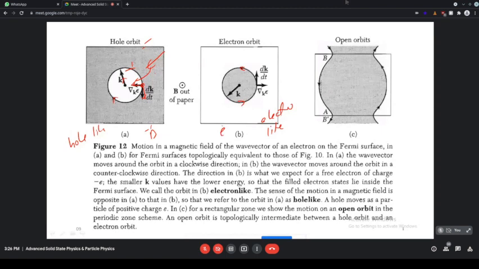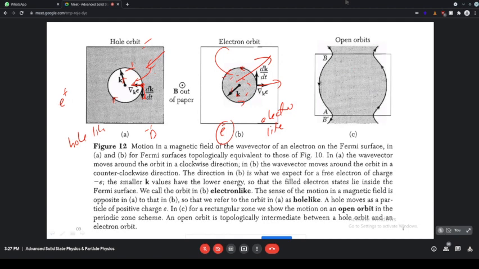Electron like means negative charge, hole like means positive charge. Therefore the direction will be opposite to each other. In that case this gradient will go outside, and the Lorentz force acting on the electron will be outside. Or you can say if you go from inside to outside, the energy will increase, and this is because inside these energy levels are filled, and therefore this is known as an electron like orbit.